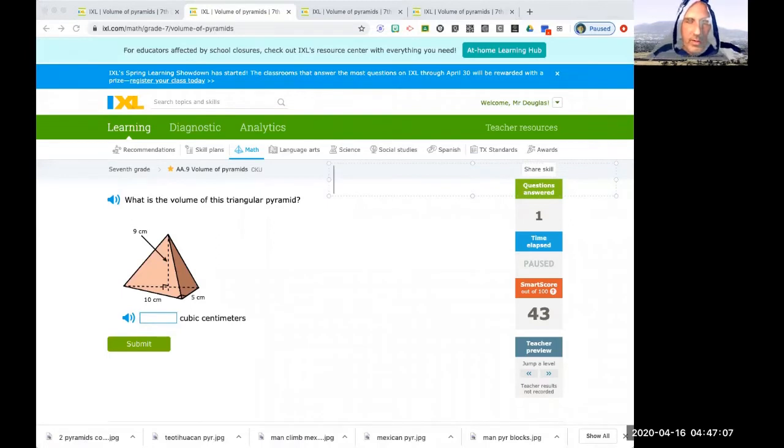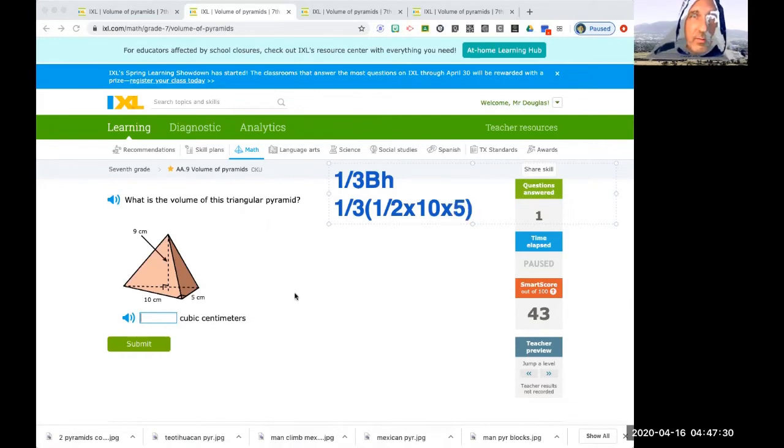Volume equals 1/3 capital B times H, okay? So it's going to be 1/3 times the area of the base. So to find the area of a triangle is 1/2 times base times height, which is 10 times 5, okay? Let me move my box over here.